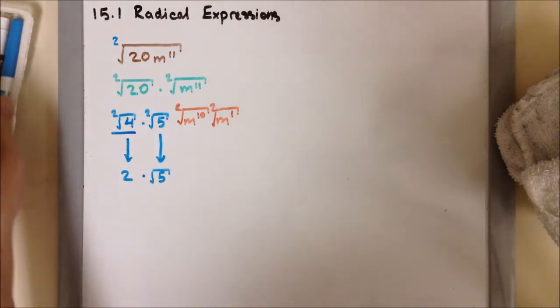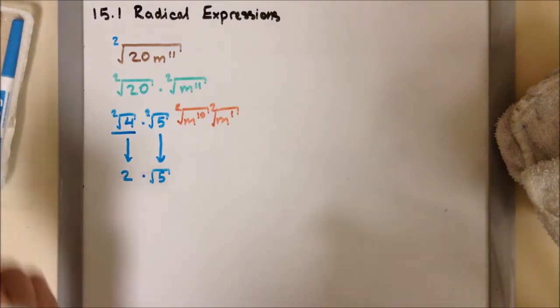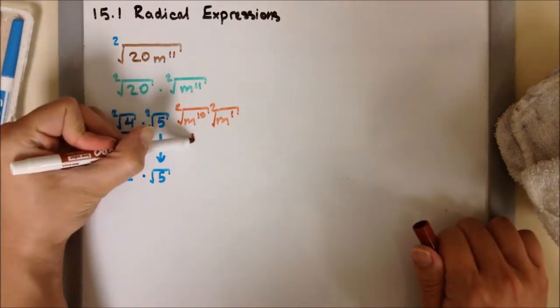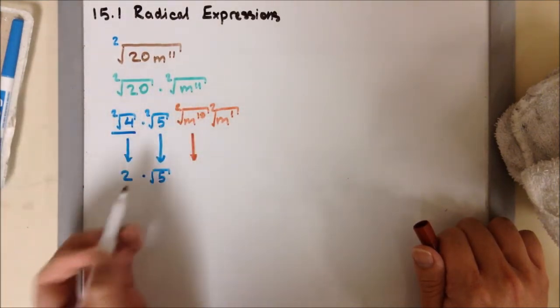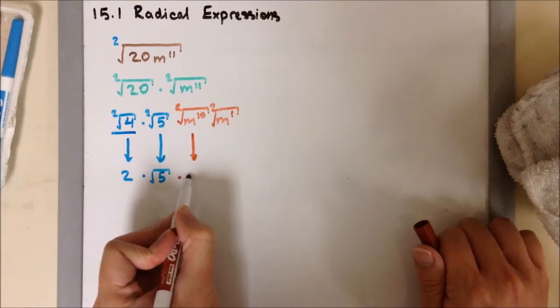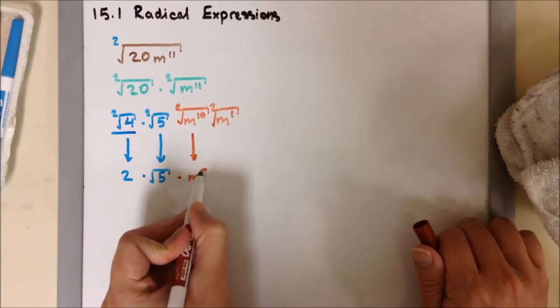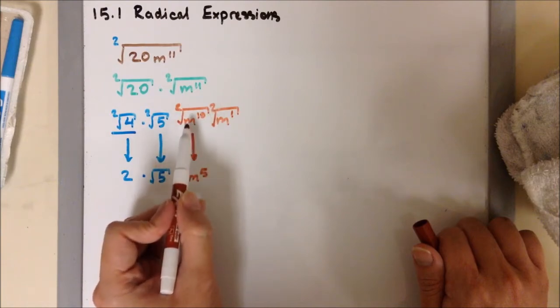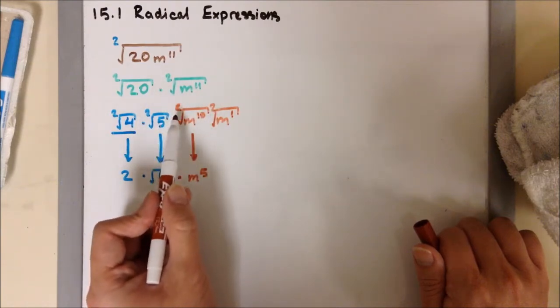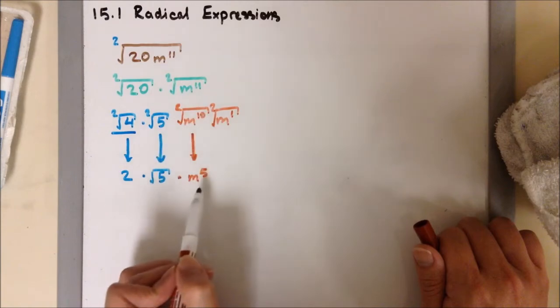Now for the variable m, I can do the square root of m to the 10th power because 2 can go into 10 5 times. So I'm going to write m to the 5th power. So I repeat, I can do the square root of m to the 10th power because 2 can go into 10 5 times.